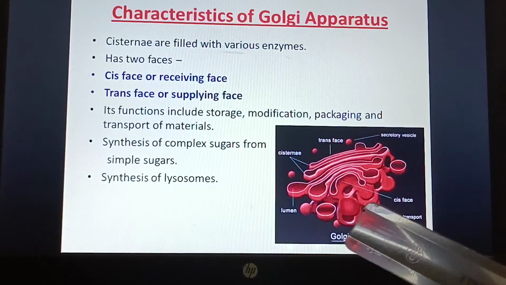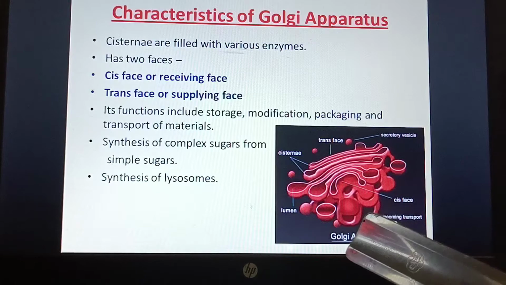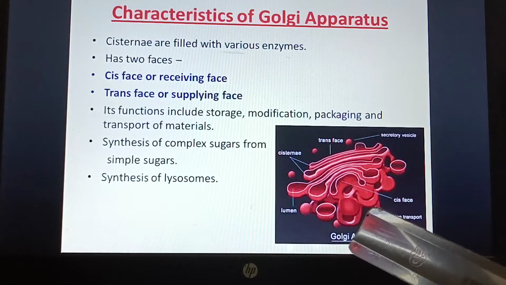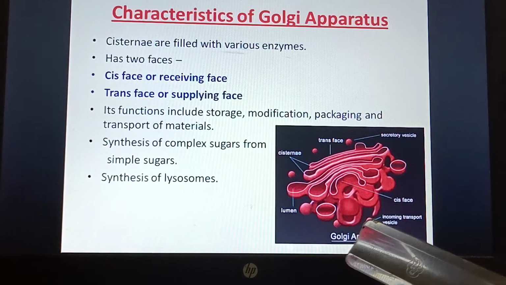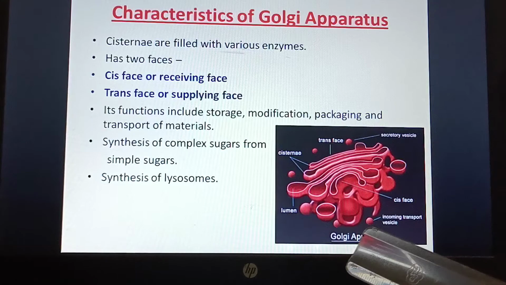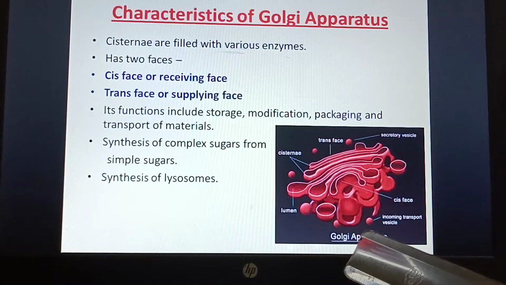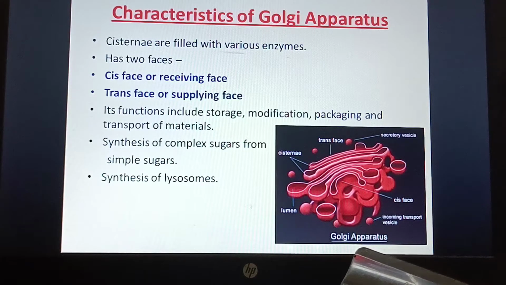But here the Golgi apparatus helps in synthesis of complex sugars from simple sugars. For example, from glucose it converts into starch. Glucose is the simple sugar, whereas starch is complex.